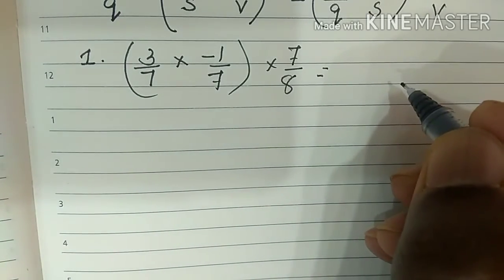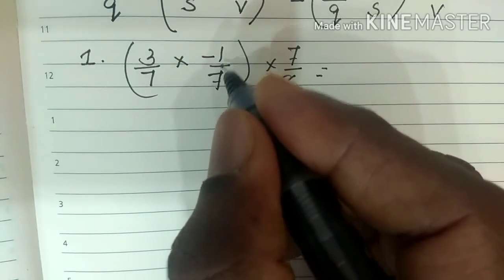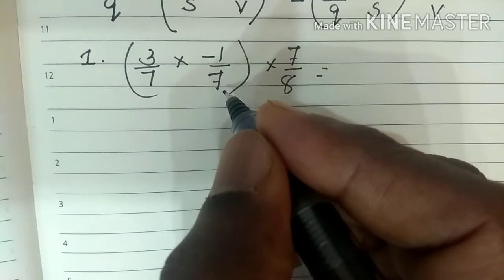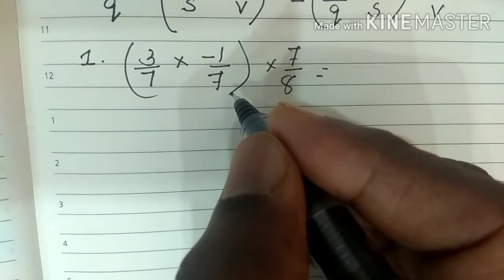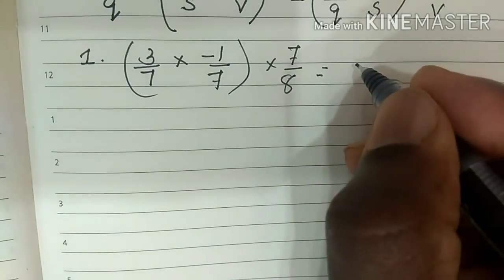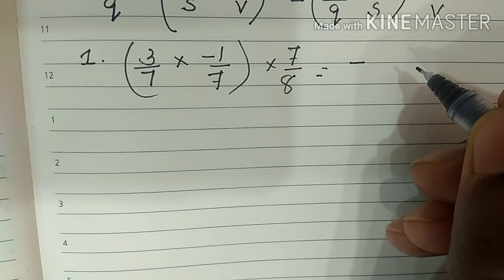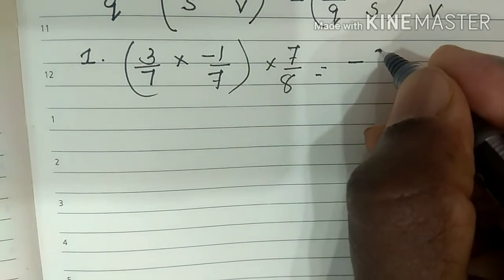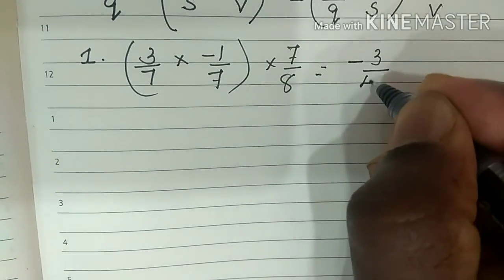Let's multiply it. Look here, 3 by 7 is positive, minus 1 by 7 it is negative. So what is the sign? Plus into minus is minus, right? Now let's multiply the numerators. There is nothing to cancel, so 1 into 3, 3 divided by 7 sevens are 49, right?